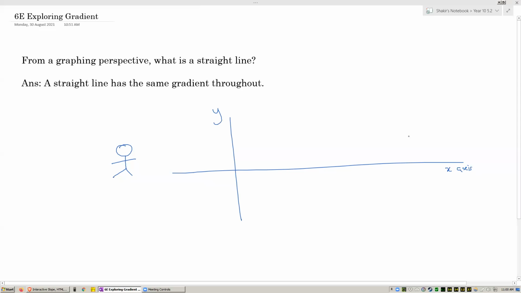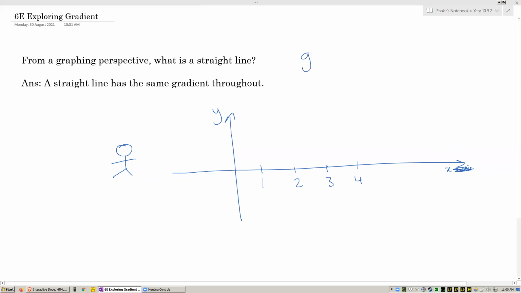We don't actually write axis, we just write x. And gradient or slope, mathematically speaking, is how high does it go for every 1 unit that you go to the right, 1, 2, 3, 4, and so on.